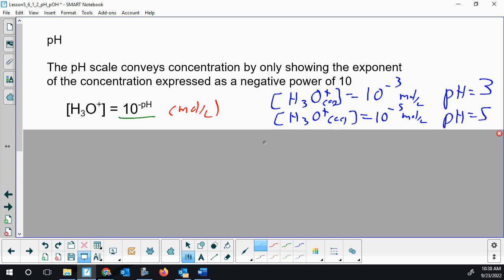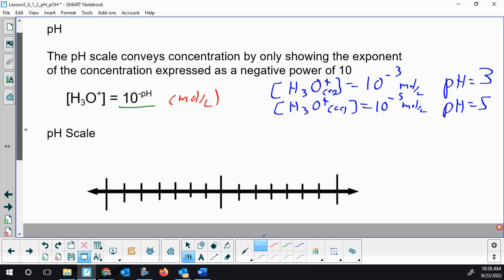This is a pH equal to 5. 10 to the minus 3 to 10 to the minus 4 would be 10 times smaller, and then to the minus 5 would be 10 times smaller again. We're 100 times smaller, but the pH only dropped 2 units. We're just using that power or exponent.